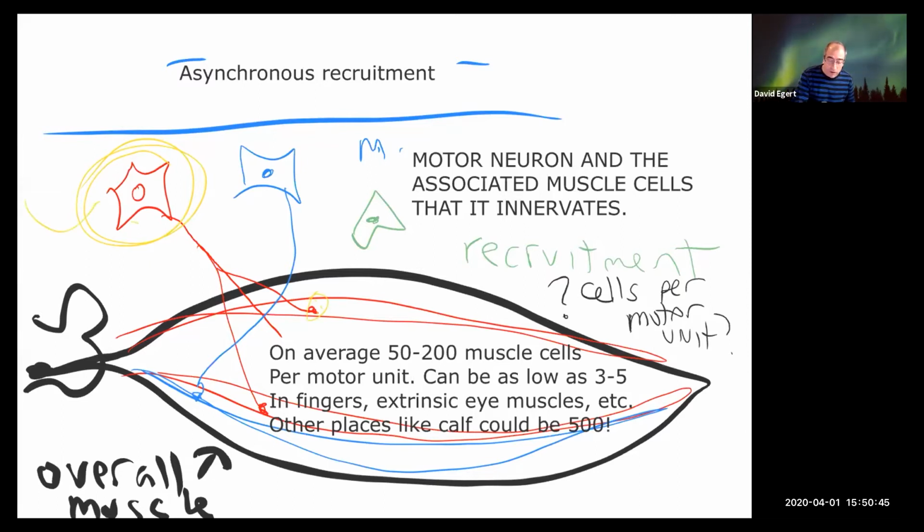So this one goes off and takes a little break, and then this one takes over. And then this one is fatiguing, and then this one takes over. And meanwhile, this one has recovered. So as long as you have enough motor units waiting in reserve, they can just cycle, and a motor unit that is still fresh can take over while the ones that have fatigued recover. So that makes sense?